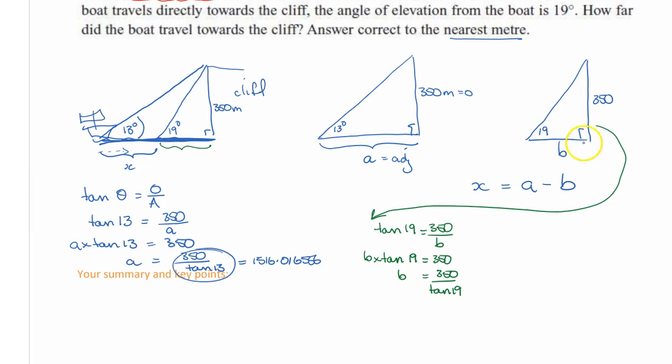The process to get B in this right angle triangle is identical, because this is the opposite and this is the adjacent, which gives us tan 19 using our opposite over adjacent, cross multiplying both sides by B, and we get this calculation.